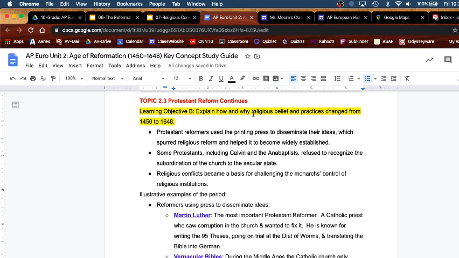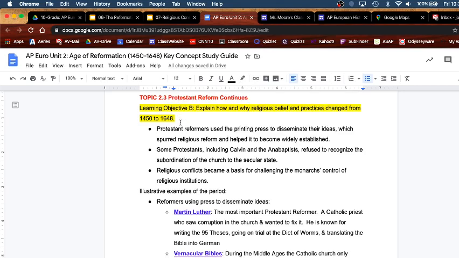These ideas and thematic elements that come up in this AP European History class develop over time. And there's always more pieces of the puzzle that need to be put together. And so topic 2.3, Protestant Reformation continues, is going to use the same learning objective from the topic above. And we're going to address that. How and why?